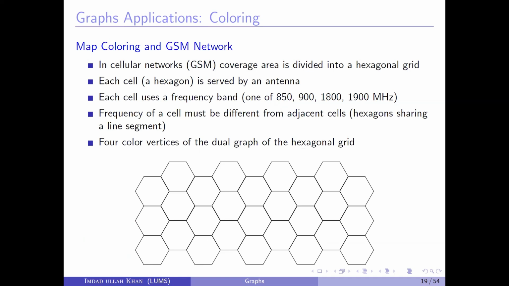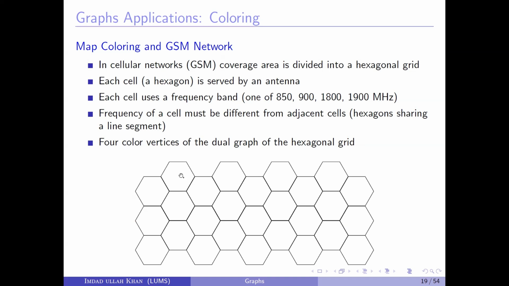This is another example of a coloring application. In a cellular network, the coverage area is divided into hexagonal grids. A hexagonal grid represents the coverage area of a particular antenna which can be deployed there on a particular frequency.